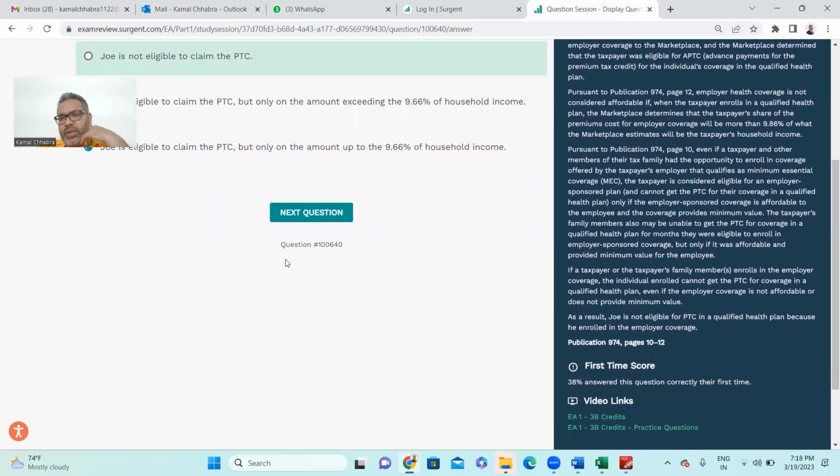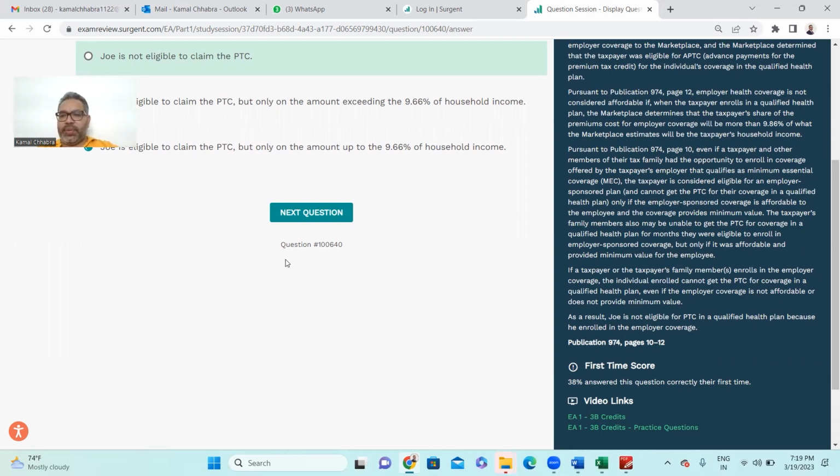So employer health coverage is not considered affordable if the marketplace determines the taxpayer's share of the premium cost will be more than 9.86% of what the marketplace estimates to be the household income.